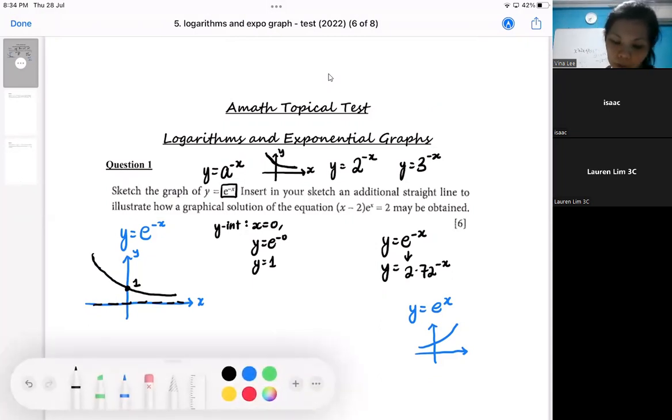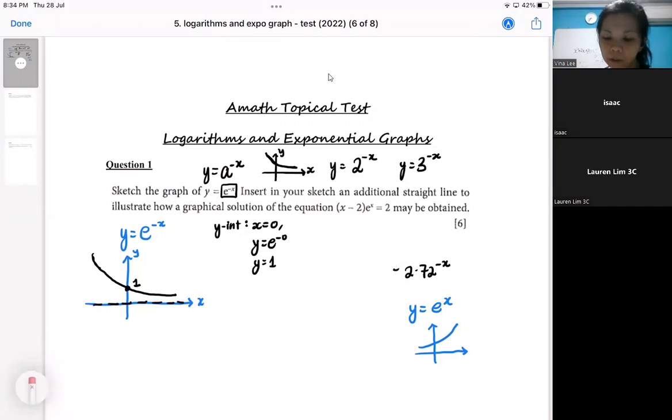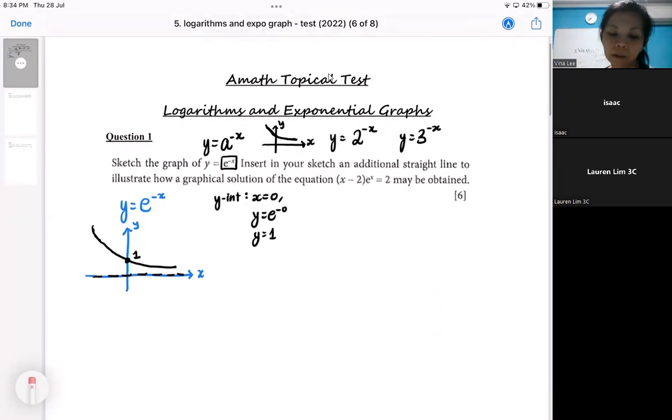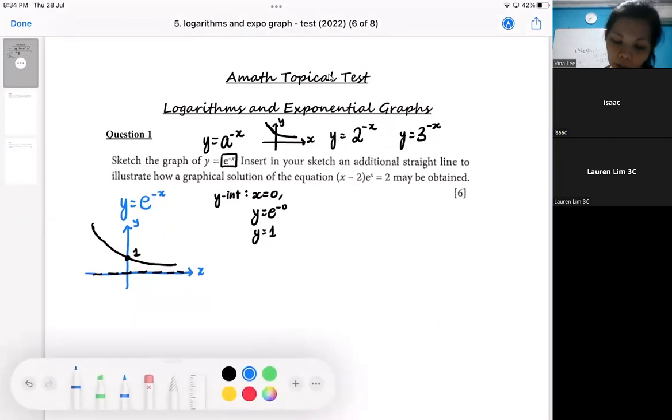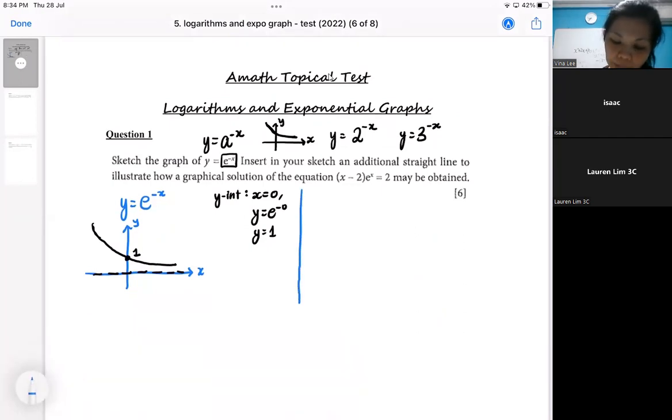Usually after the sketch, the second part of the question will require you to do a graphical solution. This happens in E-math, and it also happens in A-math. There must be an equation for you to solve. You have an objective to solve an equation.